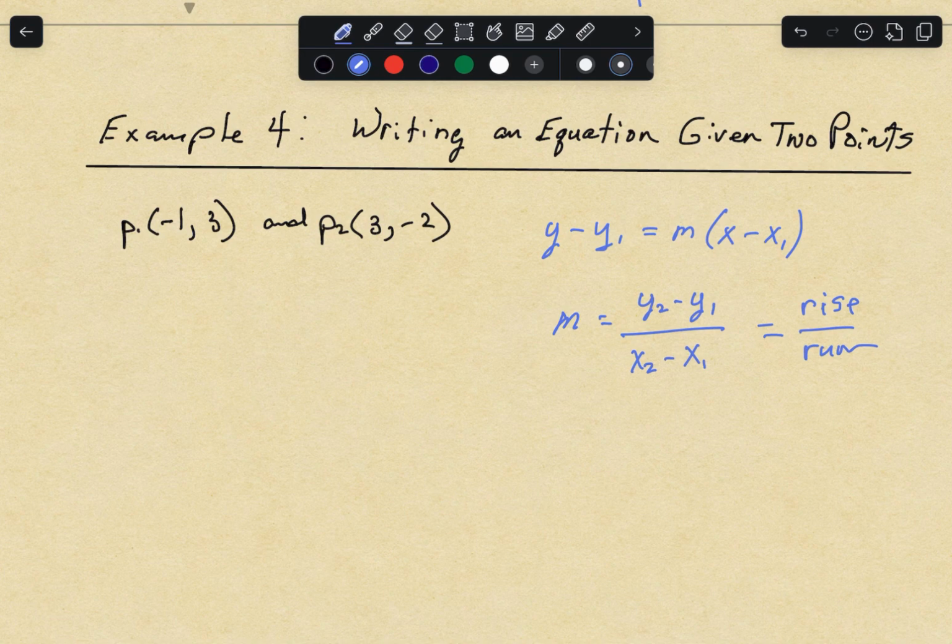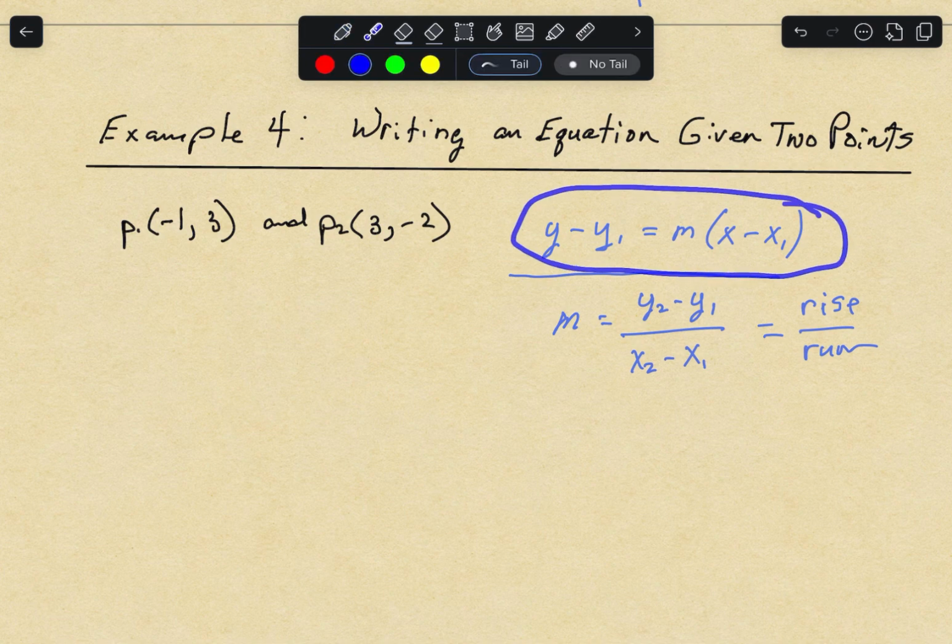Now, these two equations here are very similar. But in this case, we're going to use the y of point 2 and the y of point 1, and for x2, we're going to use the x in point 2, and for x1, the x in point 1.